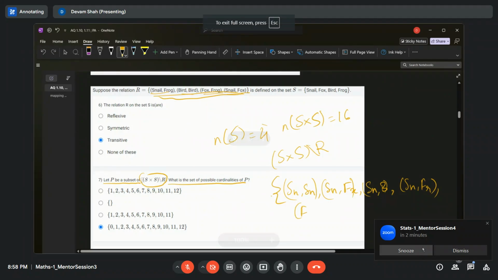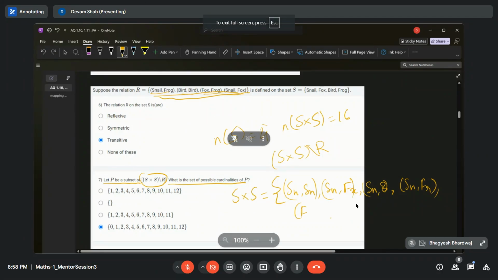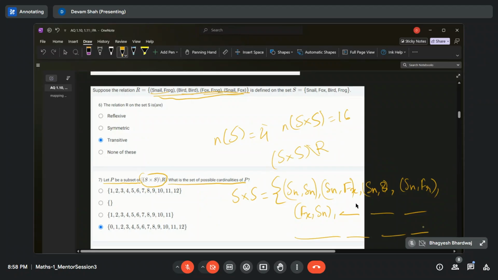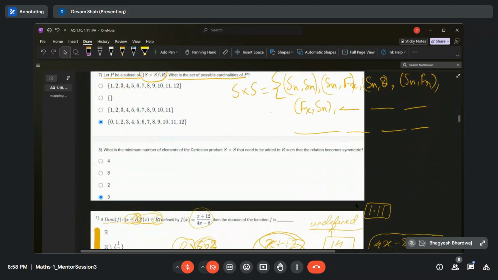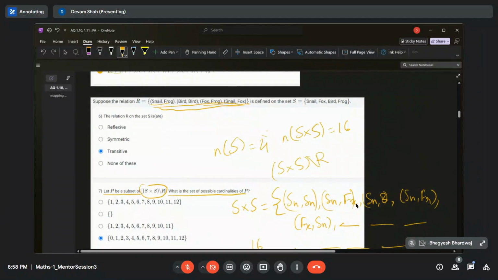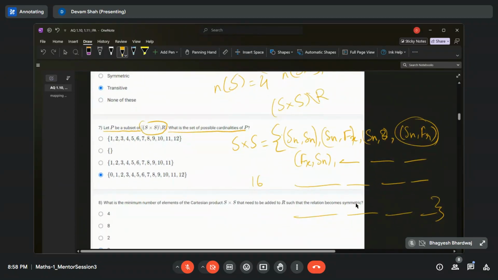Similarly with fox, it will be fox, snail, one, two, three. So there are a total of 16 here, and we are removing snail frog. Snail frog is here, then bird, bird. So here it's bird, snail, bird, fox, bird, bird. So we are removing this.